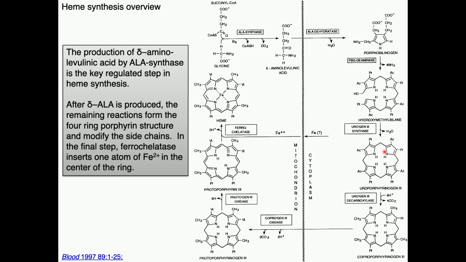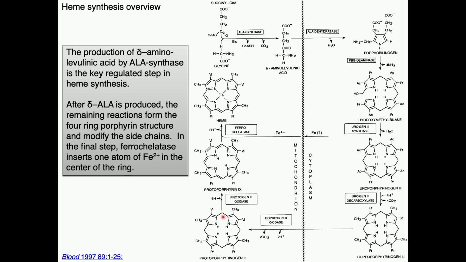Okay, so after the ring structure is closed, the subsequent steps are modifying the side chains. So it's taking a couple of the propionic acids and decarboxylating them into the vinyl groups. Then it's taking some of the acetic acids and changing them into methyl groups through a decarboxylation reaction.